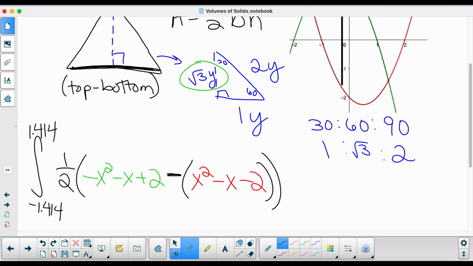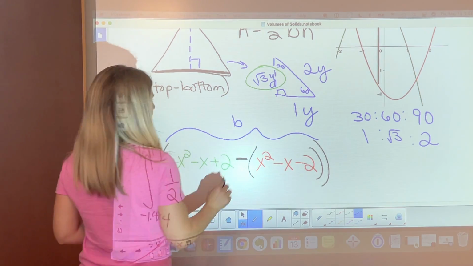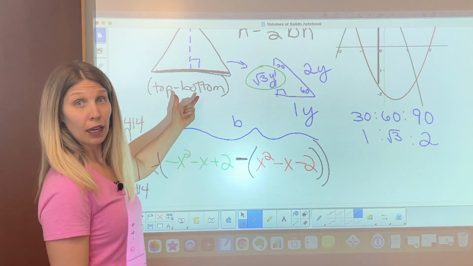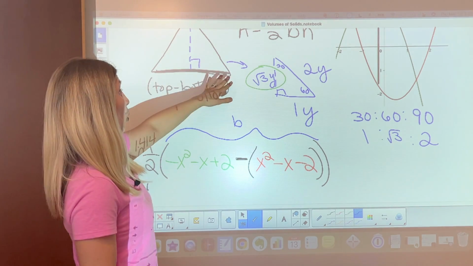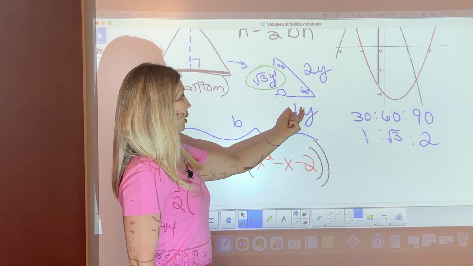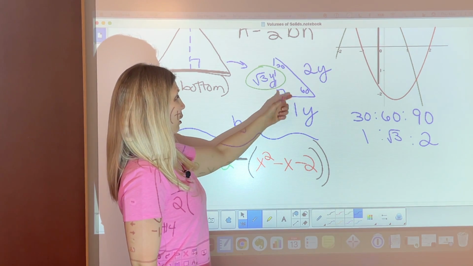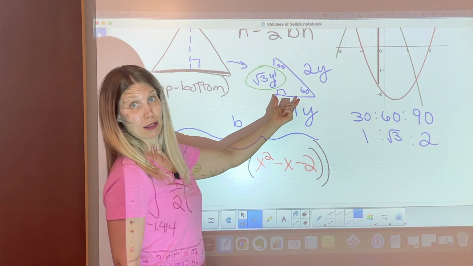Close both those parentheses. So this part right here is my base. That's this guy, okay? But I took this whole base and I called that 1y over here. So technically, this y is only half of my base.